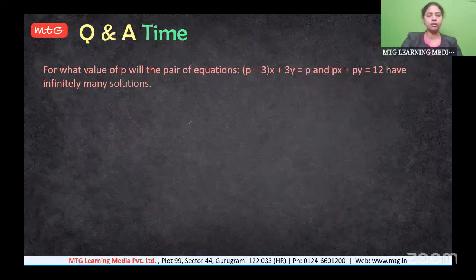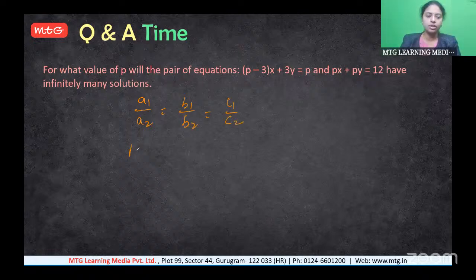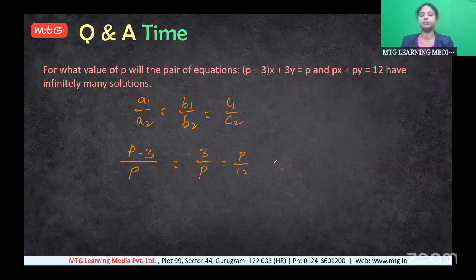Yes, very good. Now here they have infinitely many solutions. So you will have A1 by A2 equals B1 by B2 equals C1 by C2. Here you need to solve it as P minus 3 by P is the same as 3 by P is the same as P by 2. So either of these first two cases.